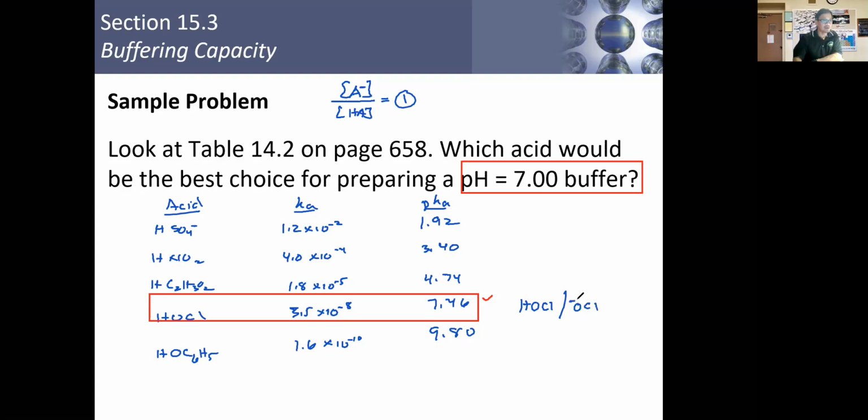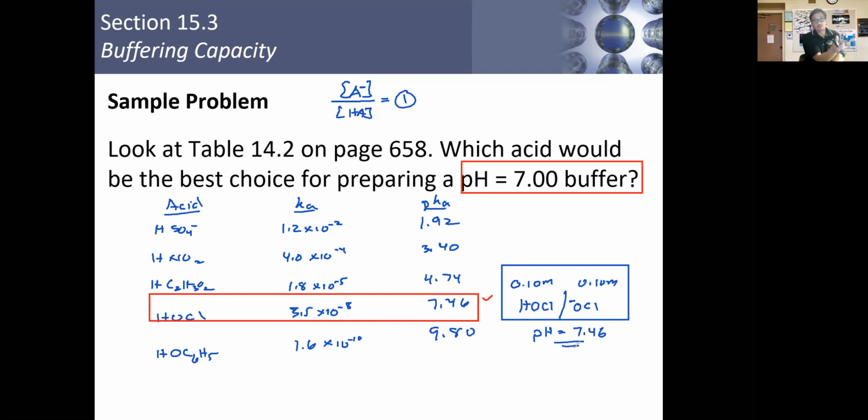We're going to make pretty darn sure that the concentrations of each one of those are real close to 1, and I'm just picking an arbitrary number here. Here again we can measure this out. So there is our buffer solution. If we make this buffer solution, the pH is going to be right here, 7.46. So this would be the ideal buffer for us to use.